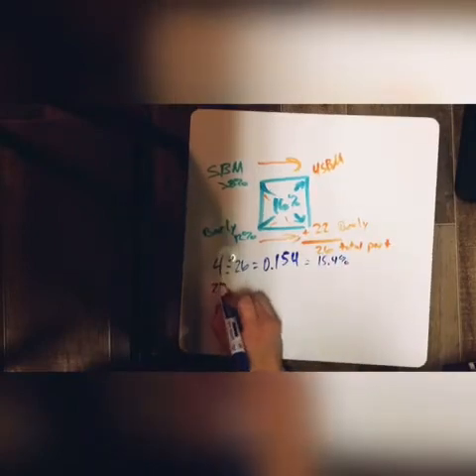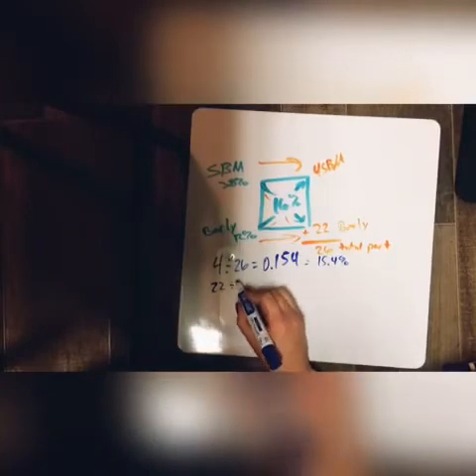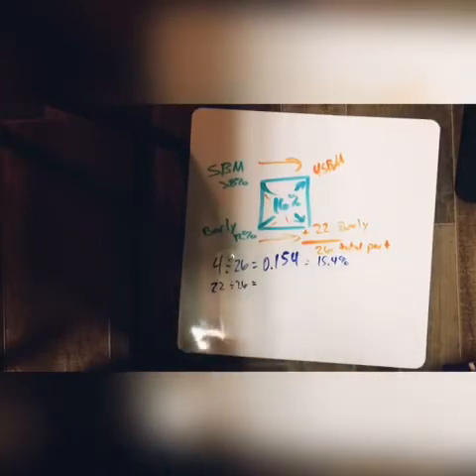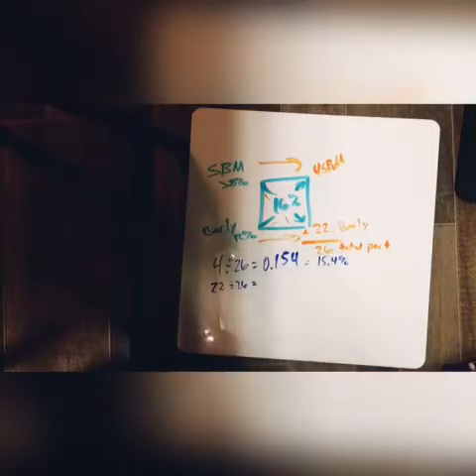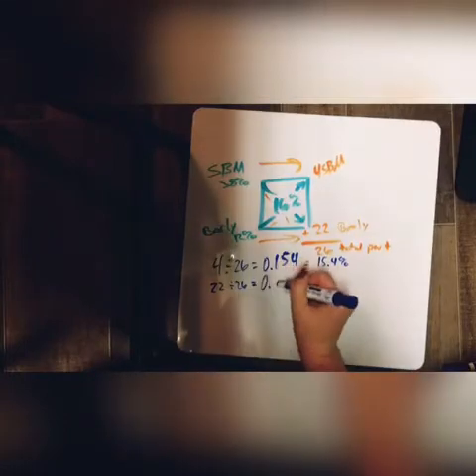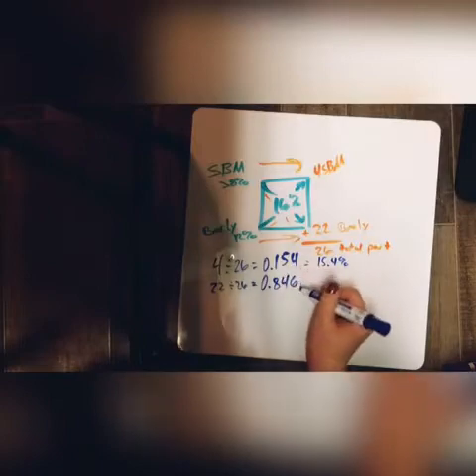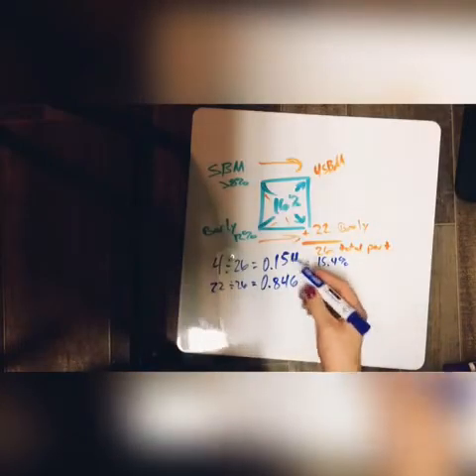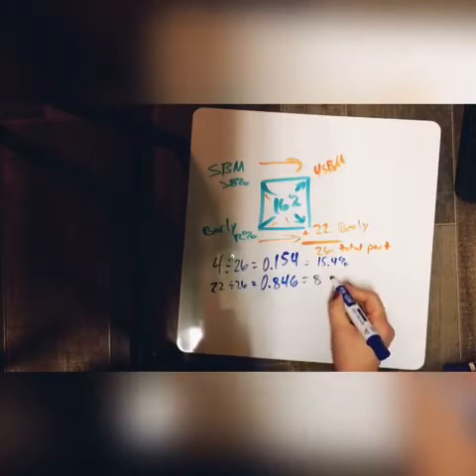Then we're going to take 22, and we're going to divide that by 26. And we get 0.846. And then if we just add those up in our head, yes, that matches up to 100%. So that gives us the percentage of 84.6%.